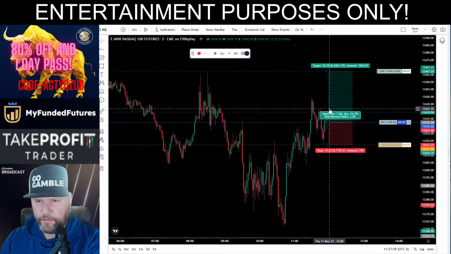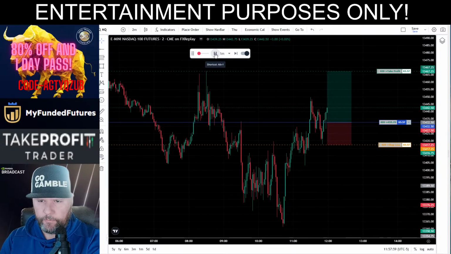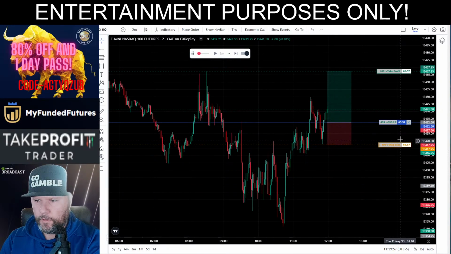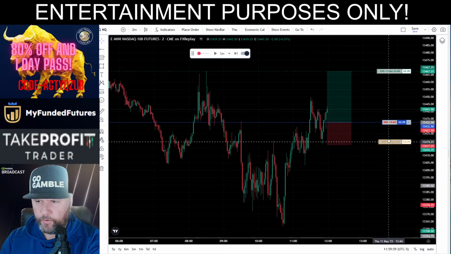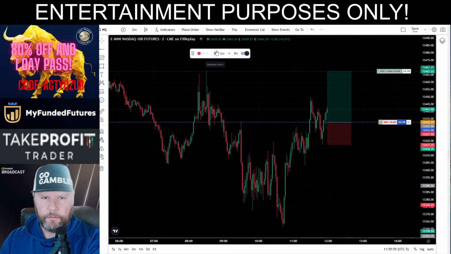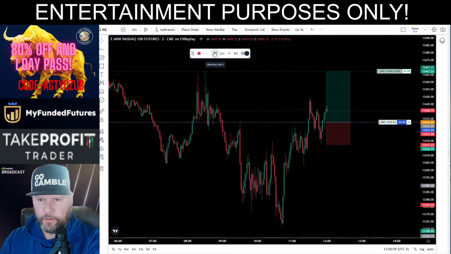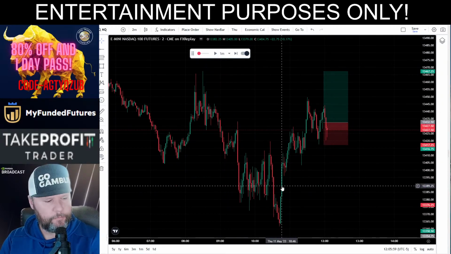So if we get past this swing here, I will scale and break even stop right there. So we will scale half. Again, that's internal liquidity. It's about 10 points, I think it's 9.5. So just following the same rules. And there we go. Break even stop.